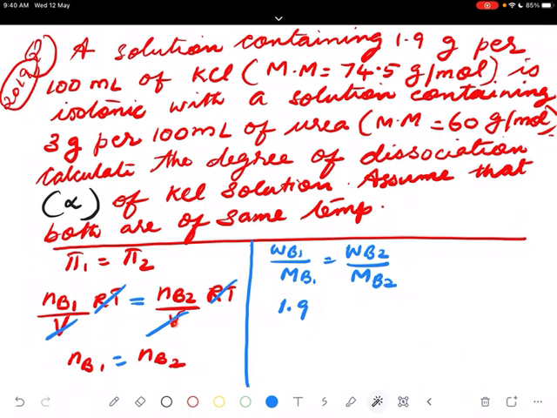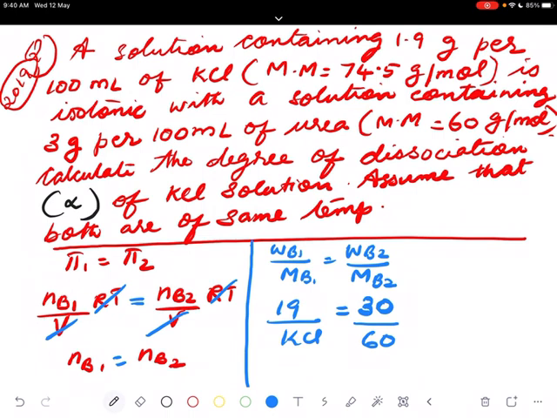Since V cancels, if it is 1.9 in 100 ml, then for 1000 ml it will be 19. So 19 upon KCl, then W_B2 for 100 ml is 3 grams, so for 1000 ml it is 30. Here 30 divided by 60, that is the molar mass.